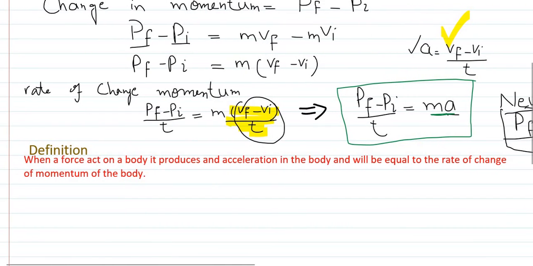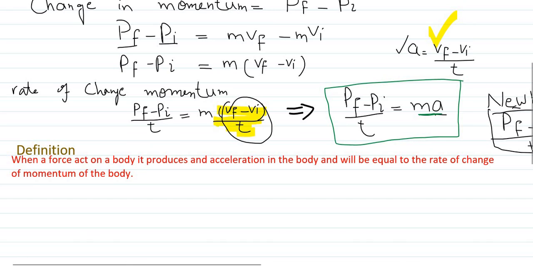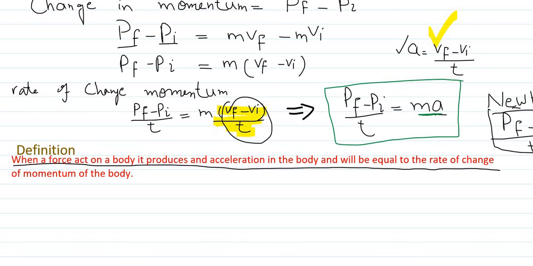So the definition is: when a force acts on a body, it produces an acceleration in the body and will be equal to the rate of change of momentum of the body. Again, when a force acts on a body, whenever you have to change velocity from initial to final, you must apply a force on it.